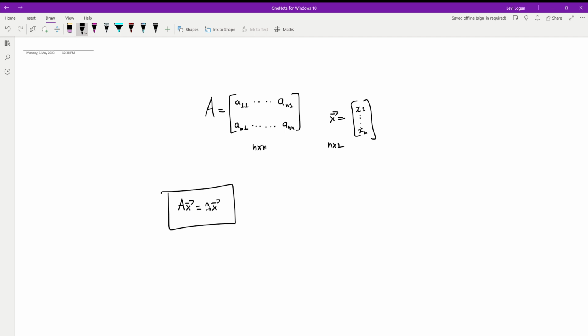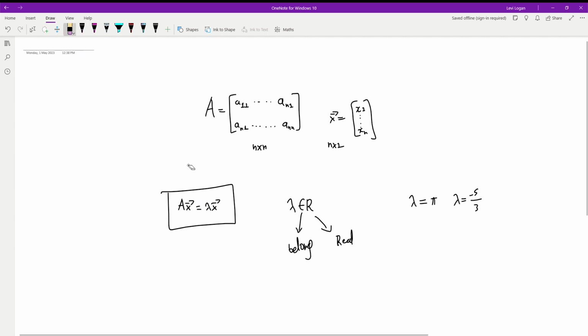This symbol here, lambda, means a scalar, any real number. This symbol here means belongs to, and this big R means all the real numbers, okay? So lambda could be pi, lambda could be -5/3. As long as it's a multiple of that vector, then x with the arrow on top is an eigenvector.